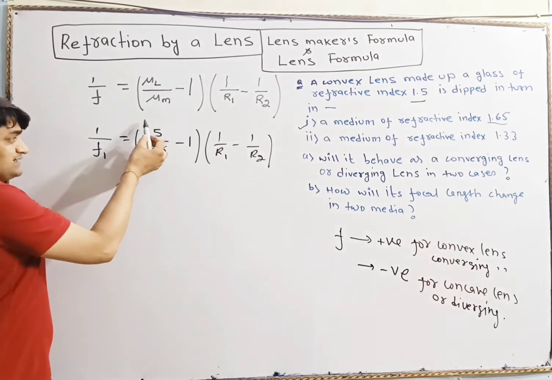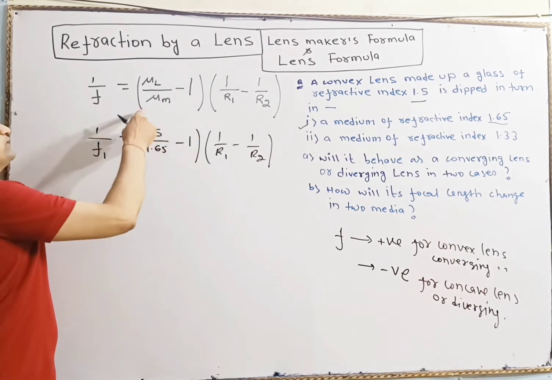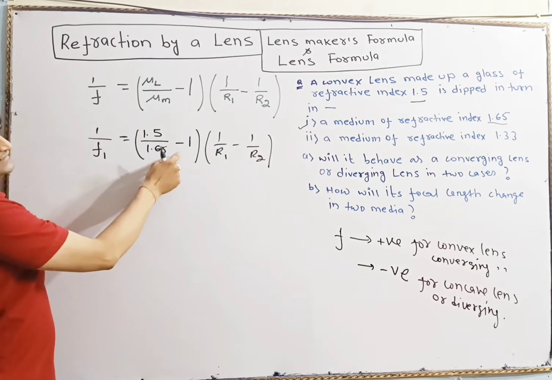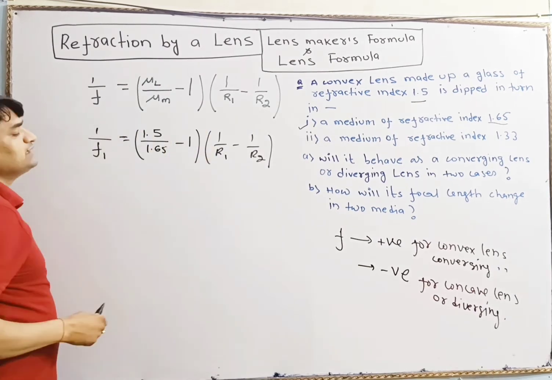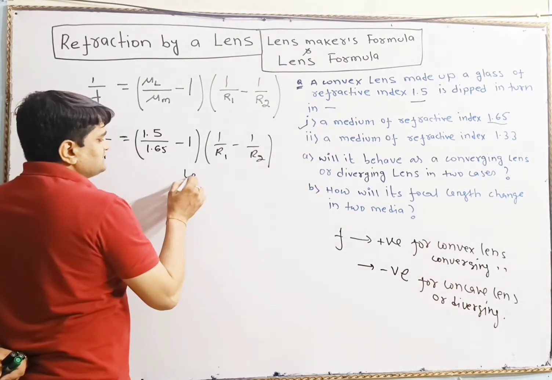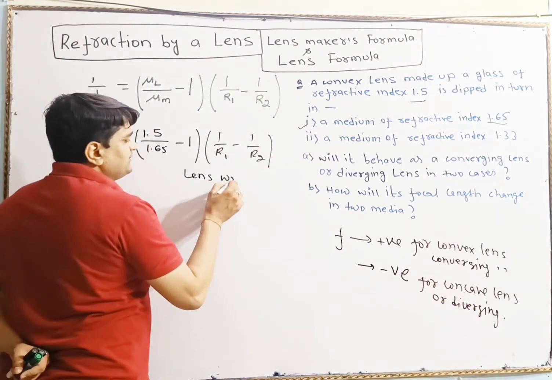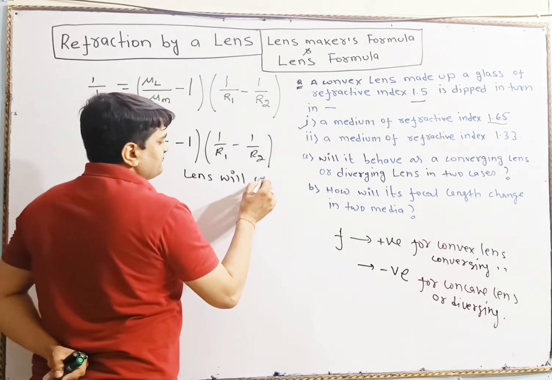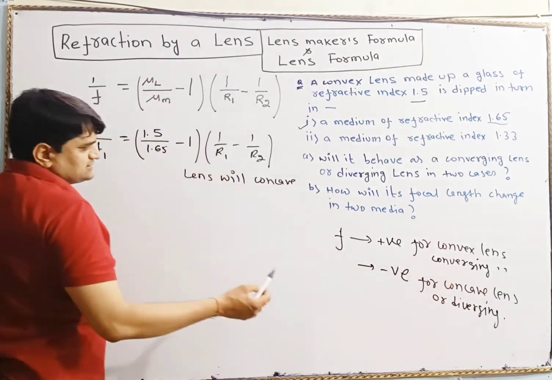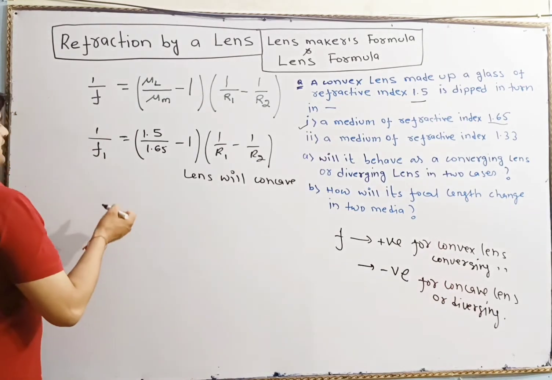See here, this ratio is less than 1 because 1.5 is less than 1.65. So this term will be negative. So in this case, the lens will be concave. Concave means diverging lens.